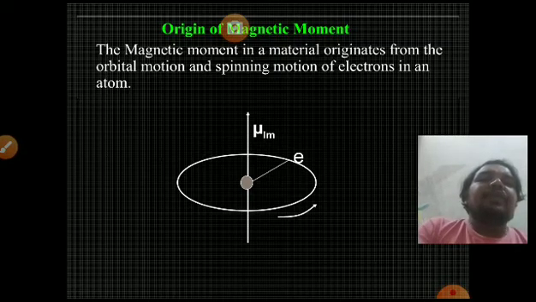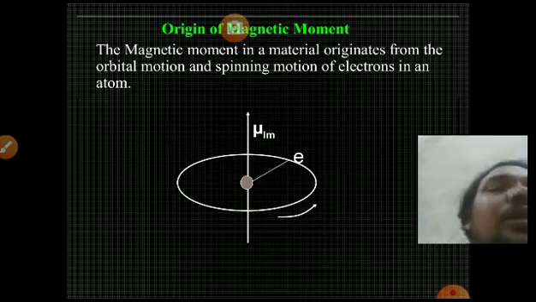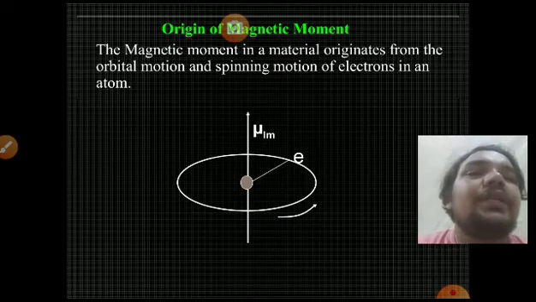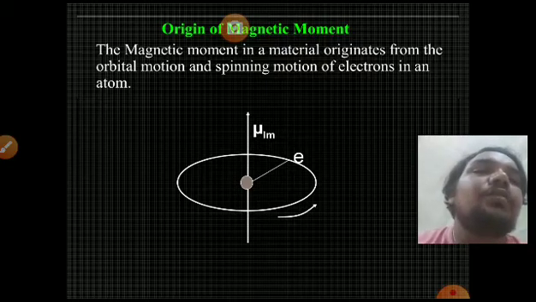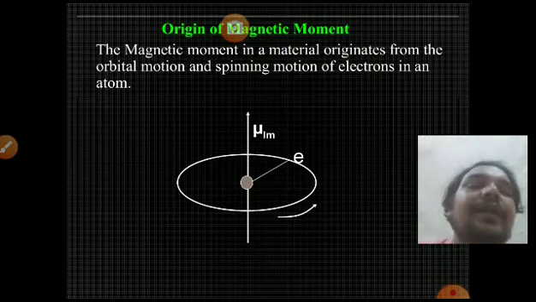The magnetic moment orientation arises from the orbital motion and spinning motion of the electron in the atom.